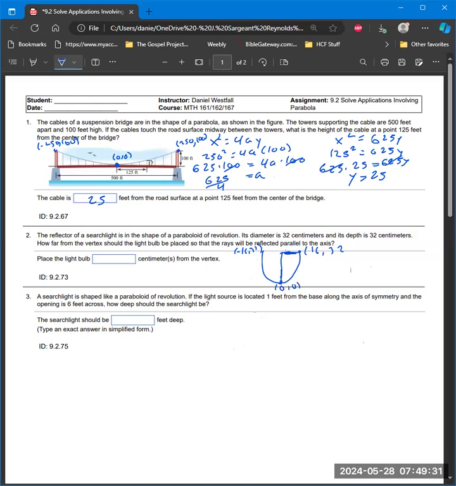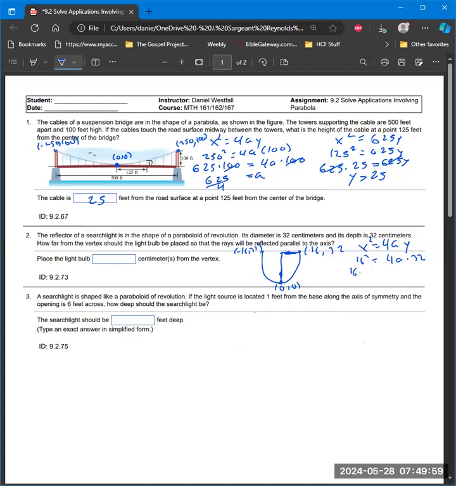We want to find out where the light source should be placed, which is going to be at the focus. So we want to find out how far along that axis of symmetry the light source should be. That's going to be our a value. So this is going to be x squared equals 4ay. 16 squared equals 4a times 32.